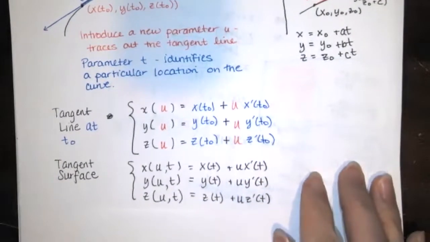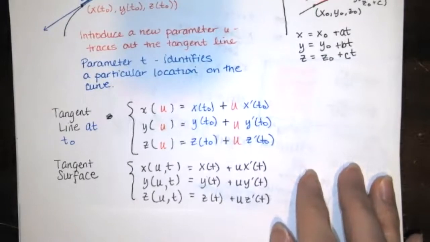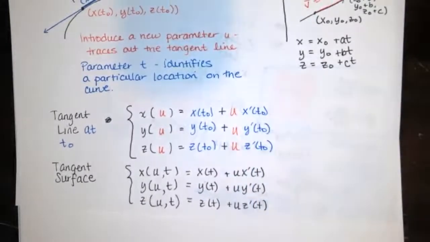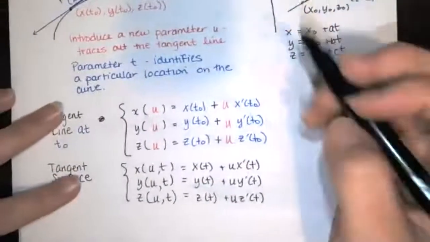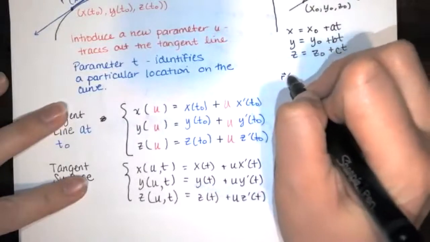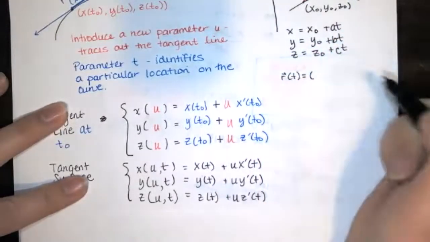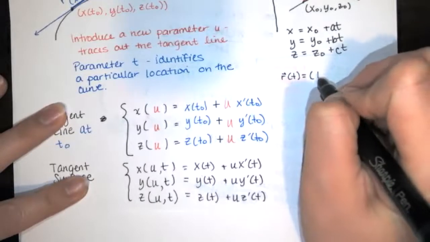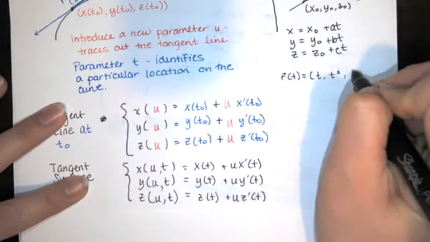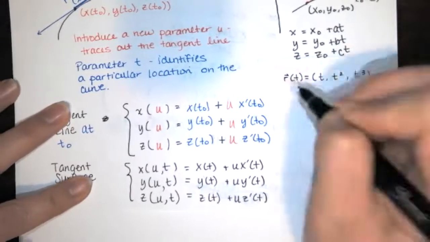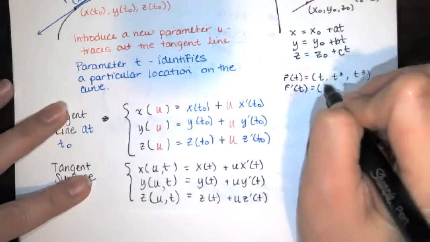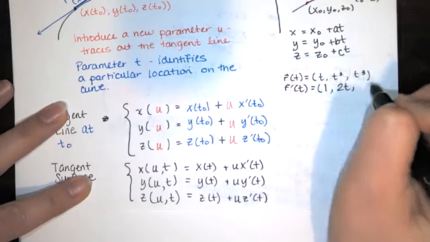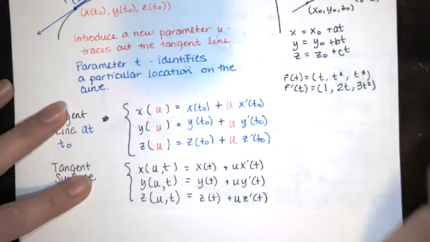Now, if you're having trouble wrapping your mind around this, you might pick a particular value of t naught and a particular r of t and actually work this out. So let's say our r of t is given by the parametric equations of our twisted cubic. So we have t, t squared, and t cubed. R prime is a vector with components 1, 2t, and 3t squared.